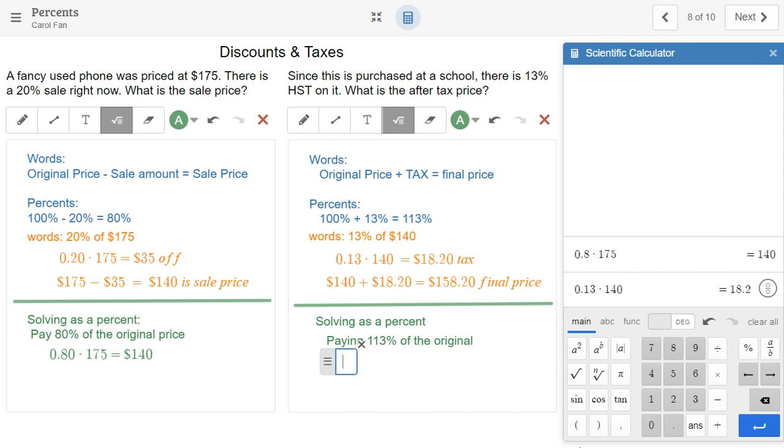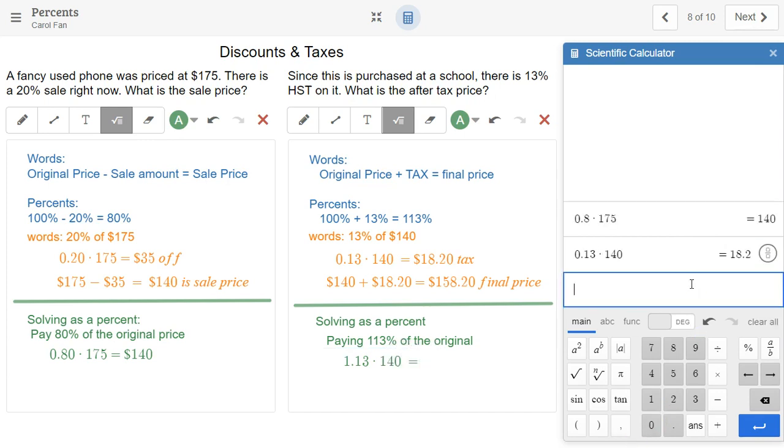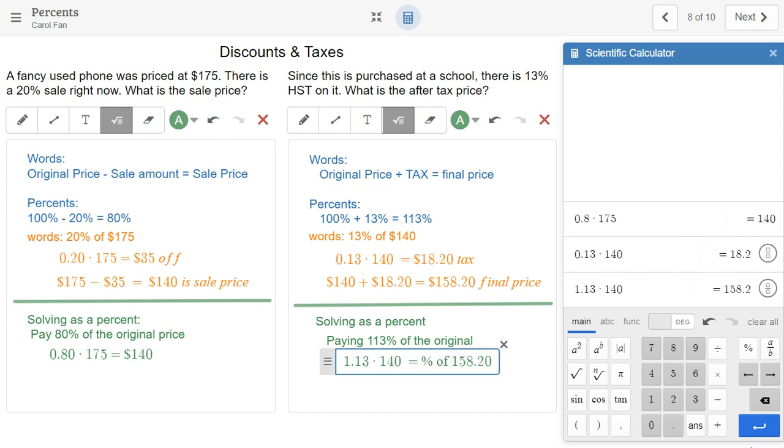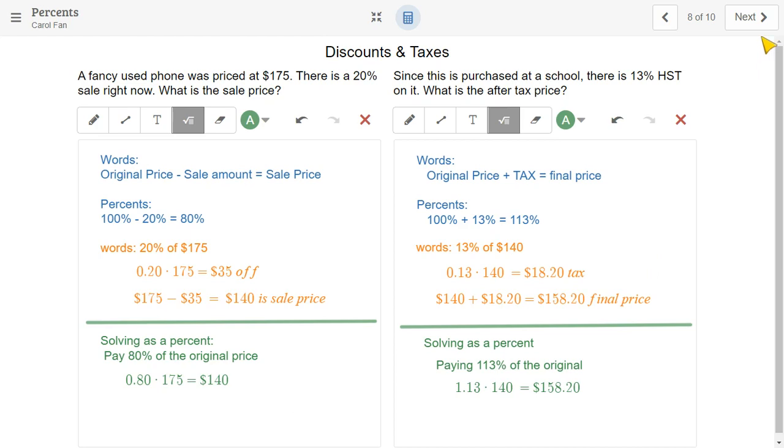As a math sentence, I would say I have 1.13 of the original 140. 1.13 times 140. We skip right to the answer and we have 158 and 20 cents. Two different ways we get to the same answer again. You can choose which way works best for you.